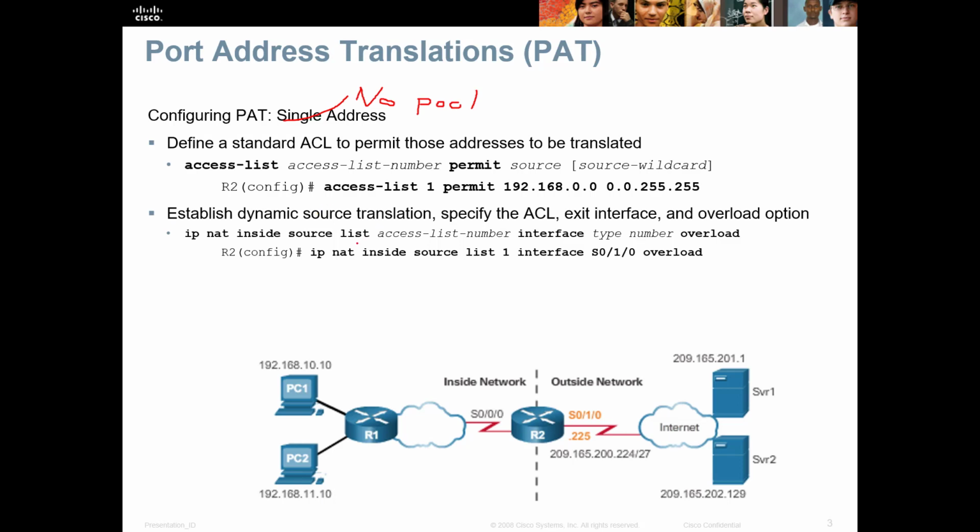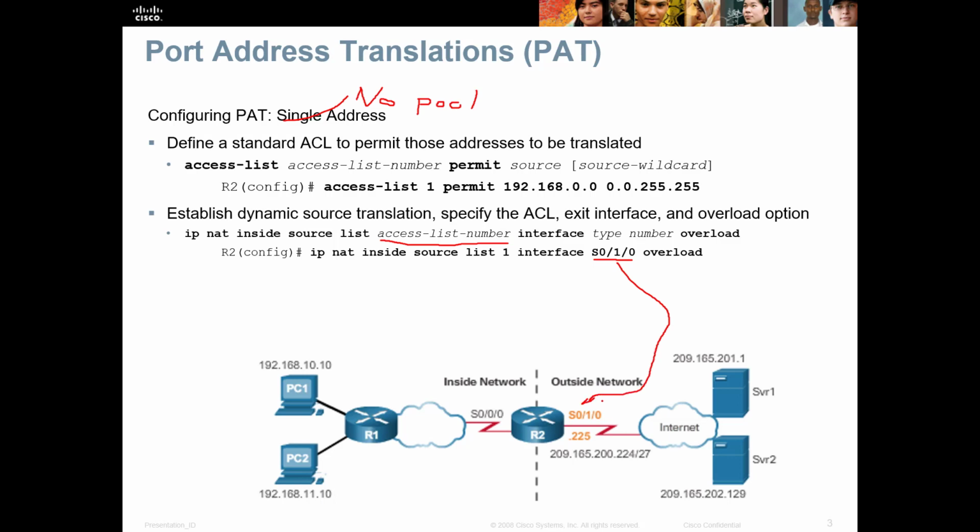So what did we do? We basically just lost the pool step from the previous slide, from port address translation. IP NAT inside source, we're going to take things in this list, and now we don't have a pool to specify. We have an interface. Right, so anything going, now notice this is the outside interface. It's this one over here. It's highlighted in orange.